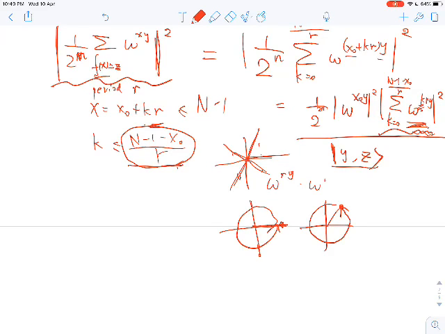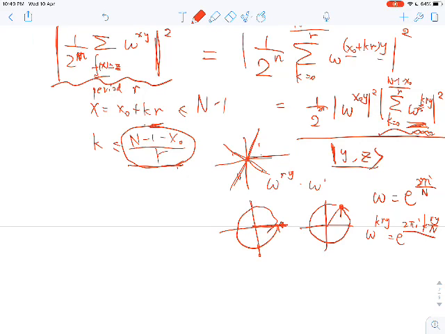And to make it more clear, we write omega like e to the 2 pi i over N, right? It's simple, and omega to the k ry is e to the 2 pi i k ry over N.